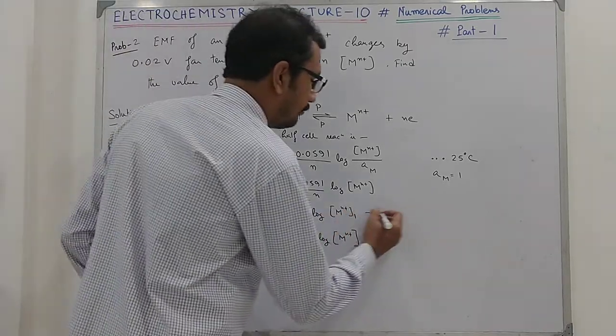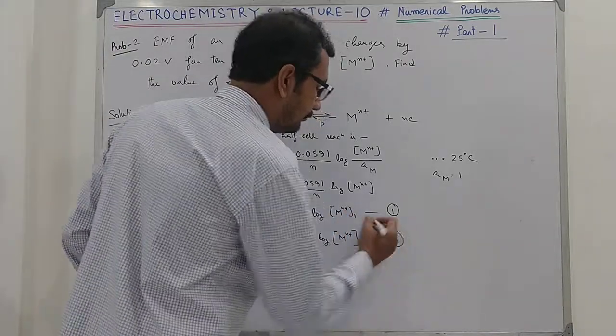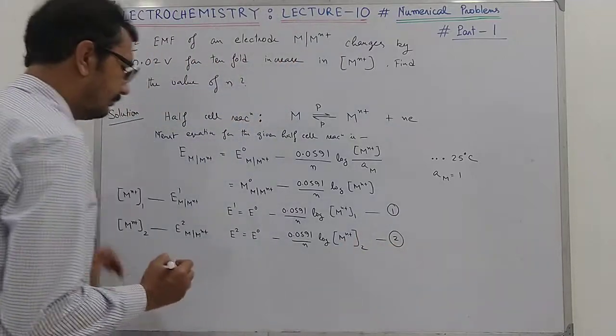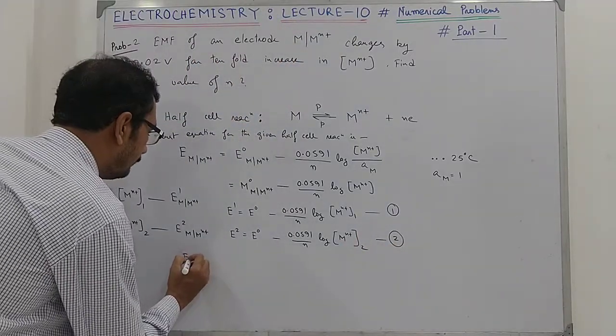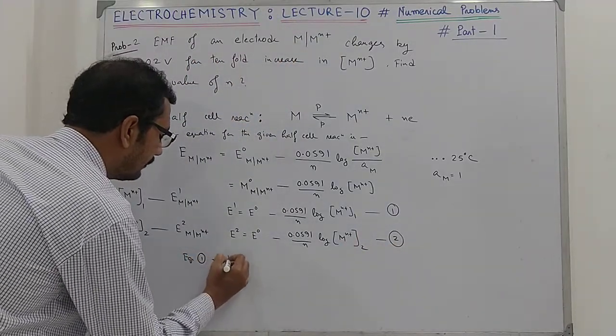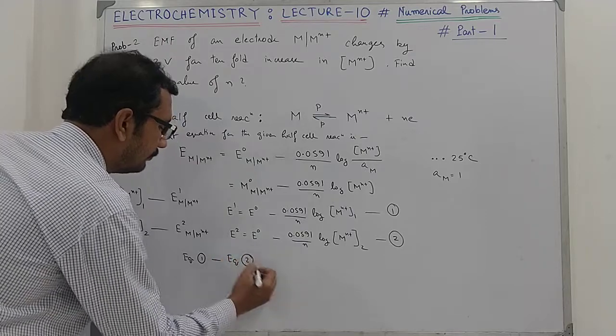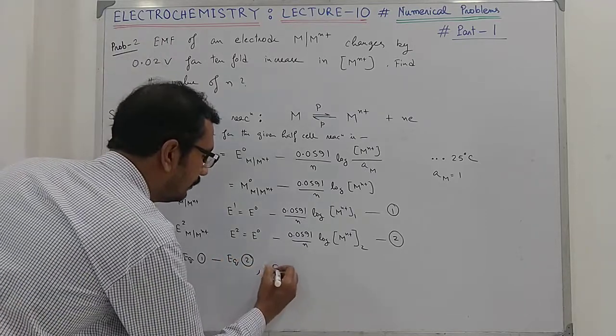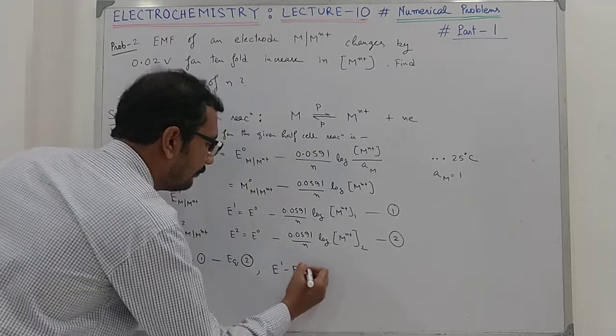So we got two equations, 1 and 2. Now equation 1 minus equation 2 will give you E1 minus E2.